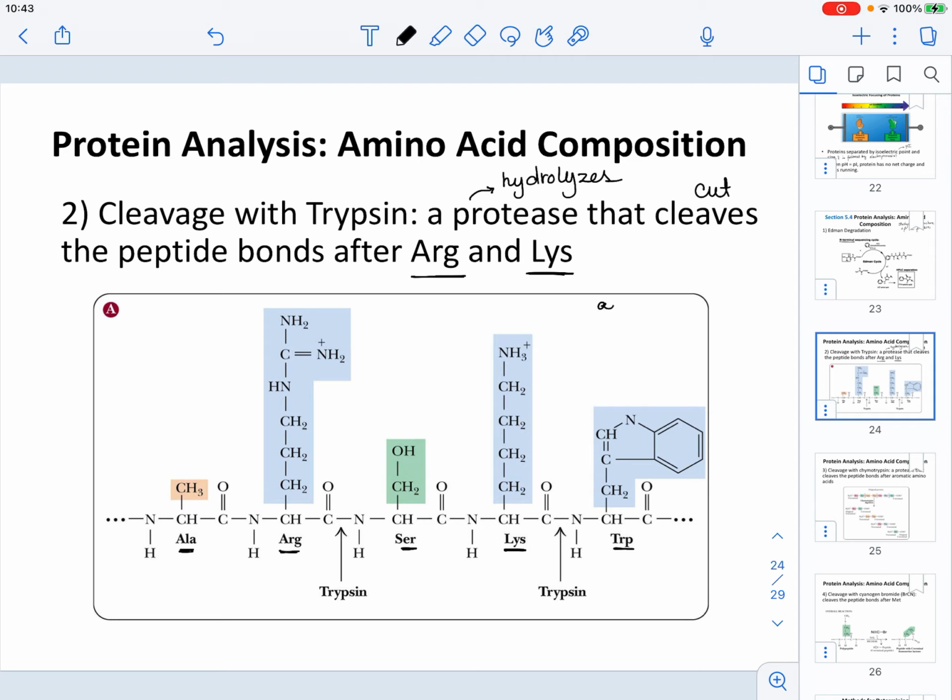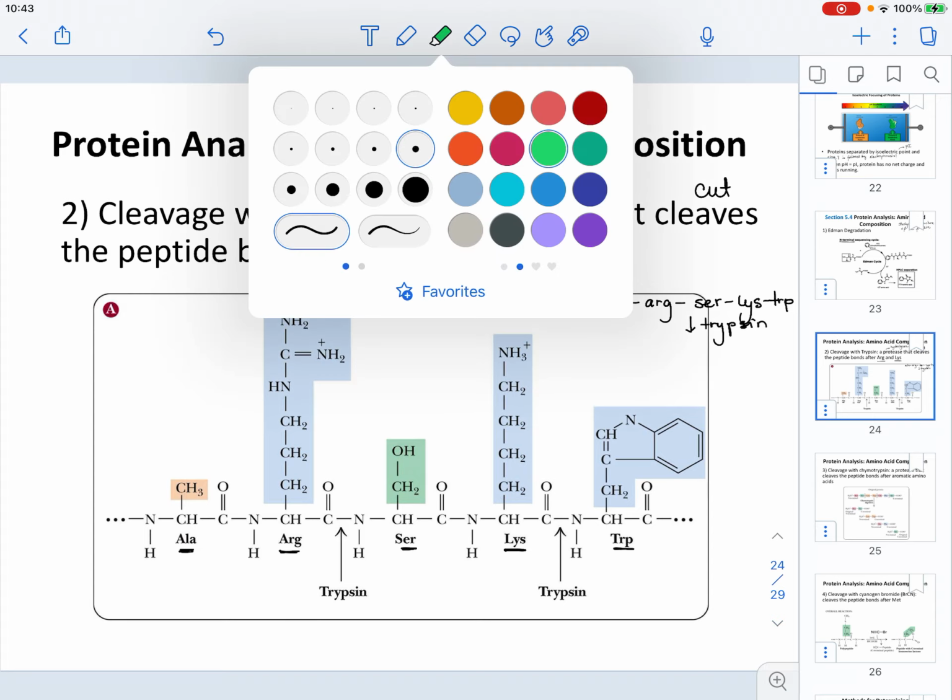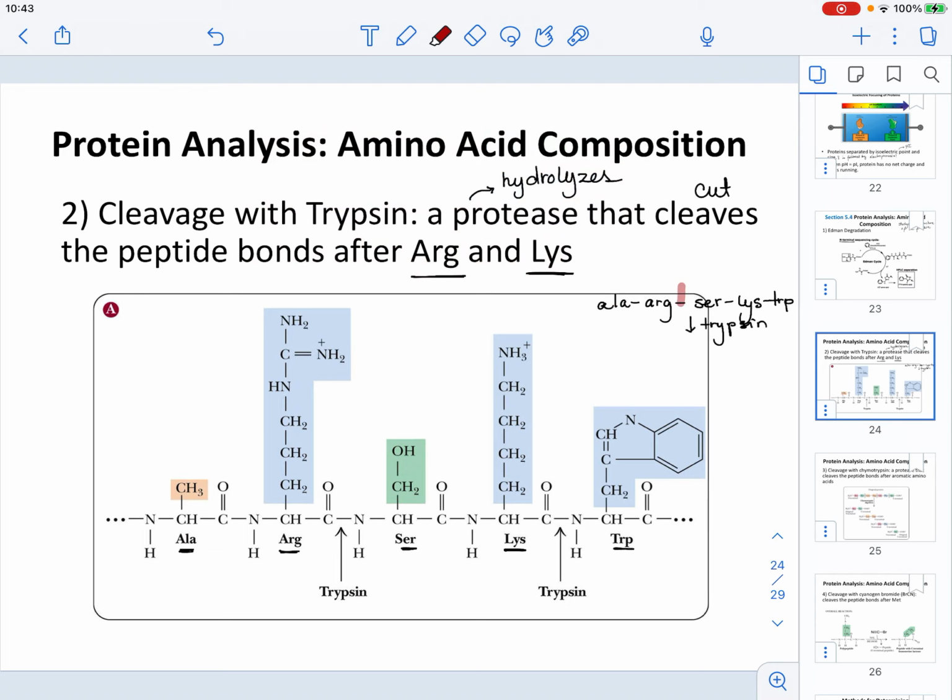If we have alanine, arginine, serine, lysine, and tryptophan, if we treat this with trypsin, what we're doing is that we are hydrolyzing specifically after arginine and after lysine.